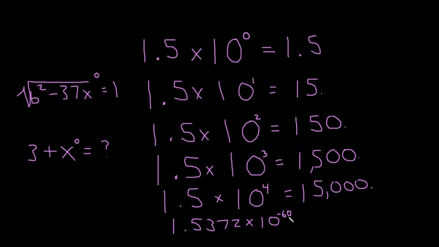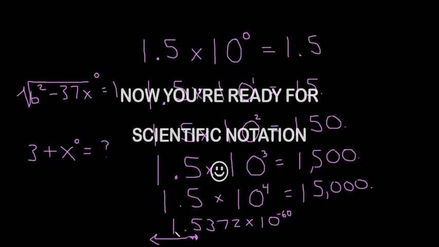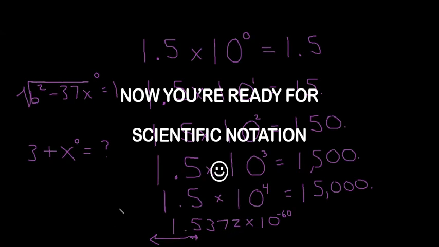This negative 60 tells me my number is less than 1. That means for me to move this decimal point to make it less than 1, I can't go this way. Okay, I have to go this way. So this number is going to have 59 zeros and then a 1, 5, 3, 7, 2. That's a very, very small number.